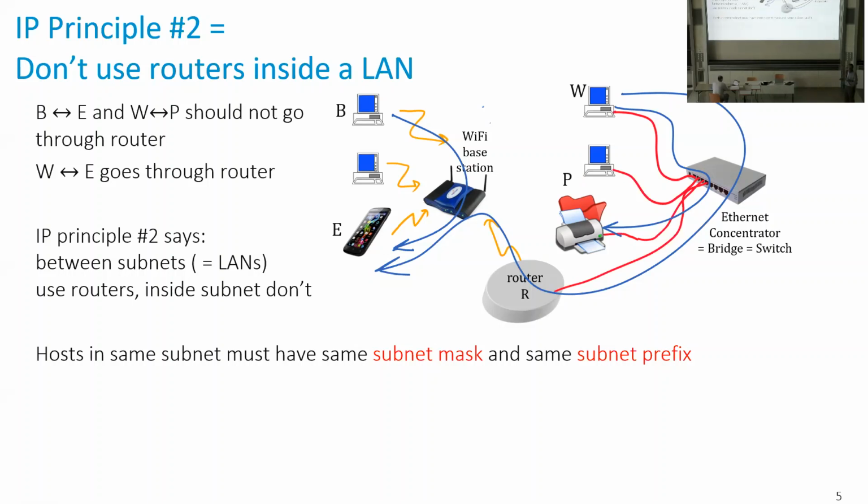If P is in the same subnet, it will send to P. But if it sends to B, which is not in the same subnet, then W needs to send to R. So from the viewpoint of W, the next hop is P or R, depending on whether the destination address is in the same subnet or not. This is why IP systems must know their subnet ID in order to recognize whether other addresses are in the same subnet or not. And we have seen that for that we use subnet masks.